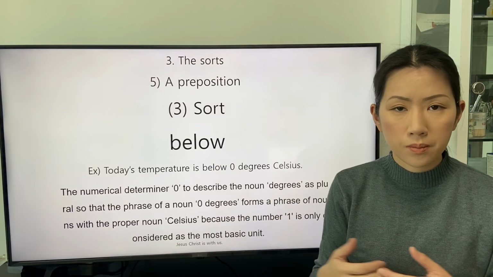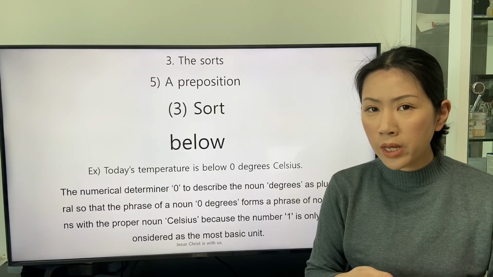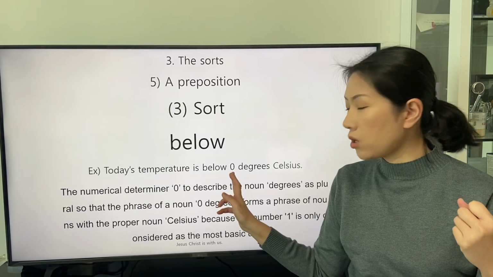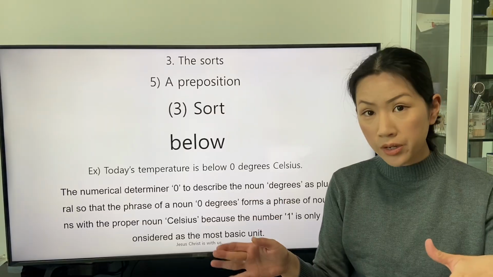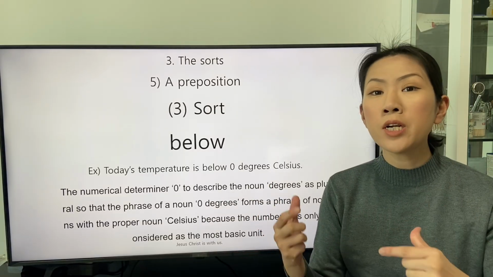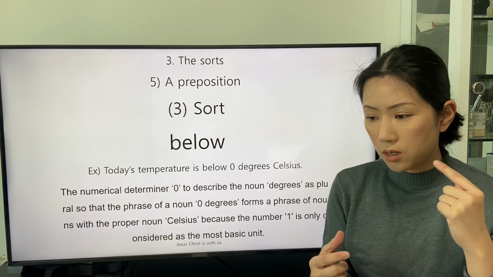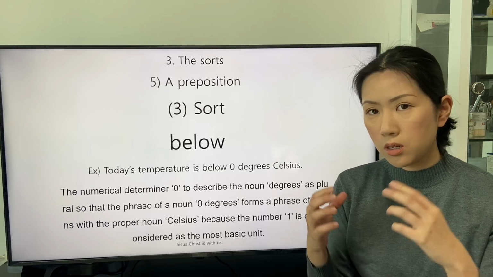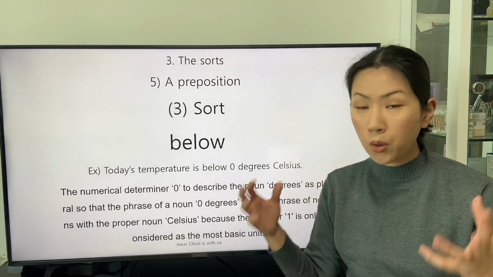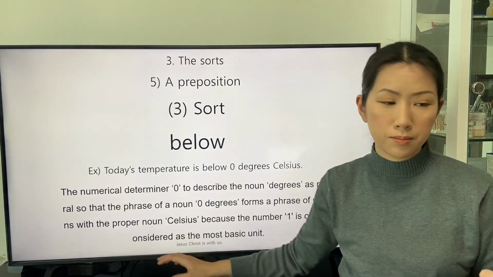So we can understand that the number 0 can be considered singular number according to the prior context.